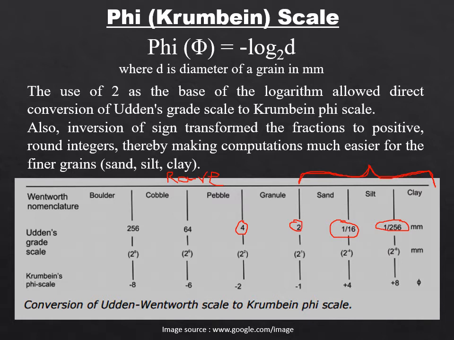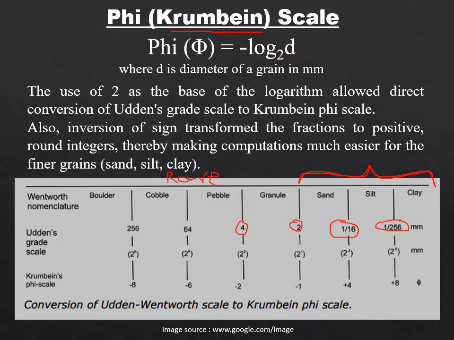People faced difficulties, and in the early half of the 20th century, computers and calculators were not easily available. So to solve this problem, another famous scientist, Krumbein, in the year 1934 introduced a method of logarithmic transformation of the Udden-Wentworth grade scale.